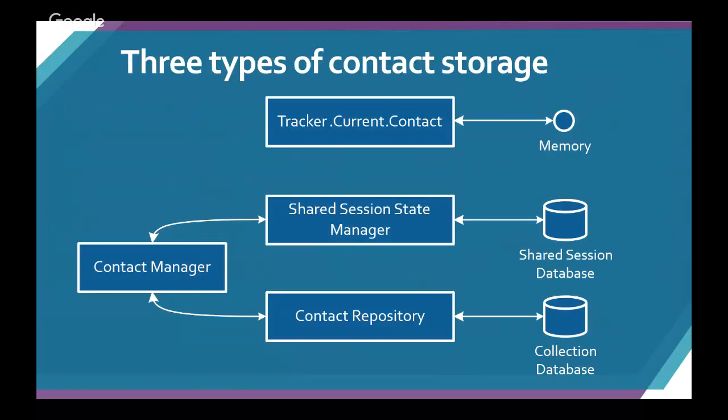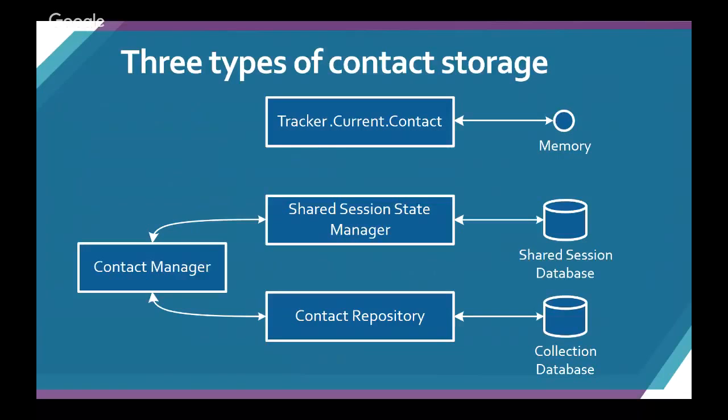So these four APIs that I have mentioned: the contact repository works with the collection database. It looks directly into the storage of all contacts. And the shared session state manager looks into the shared session database.